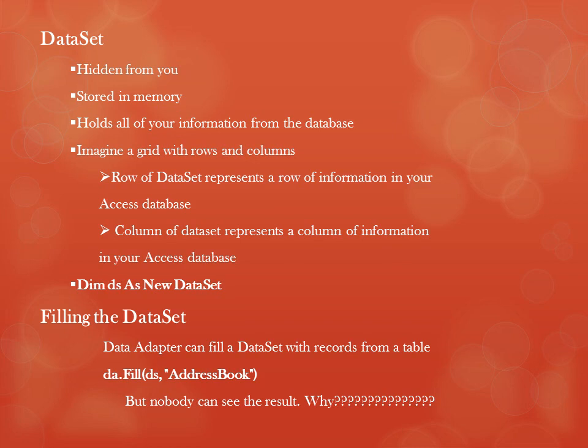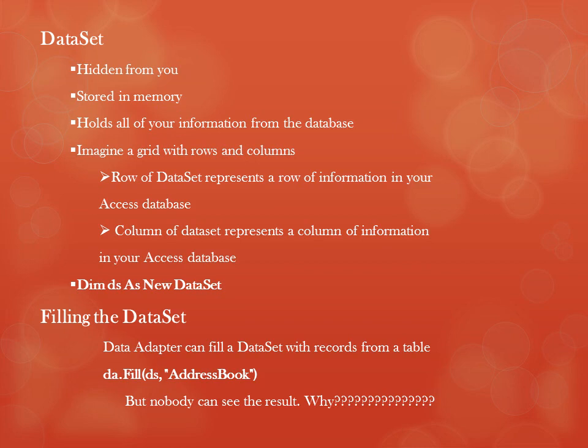After this, we have to fill the data set as below. The data adapter can fill a data set with records from a table by using the statement da.Fill(ds, "addressbook"). Here addressbook is the name of the table we are using. Even after filling this, we can't display the result.